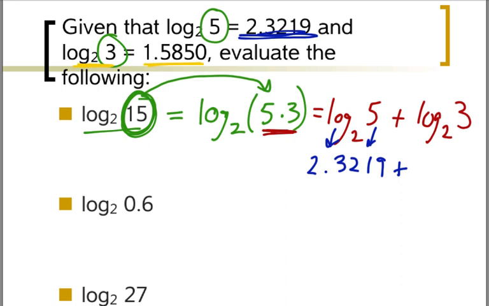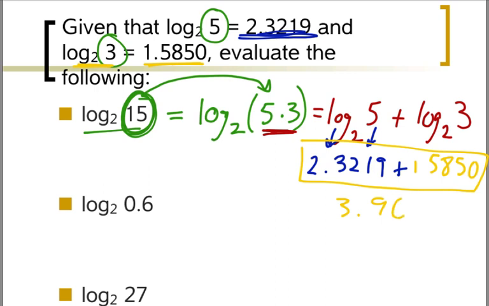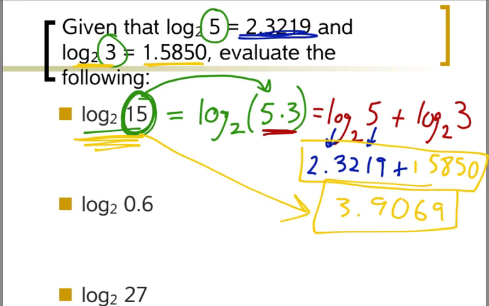So I put plus 1.5850. And then I can just take my calculator and add these 2 numbers, and I get a final solution of 3.9069. And that is whatever log base 2 of 15 would have been. Okay? So that's what we need to look for each one of these next couple problems.